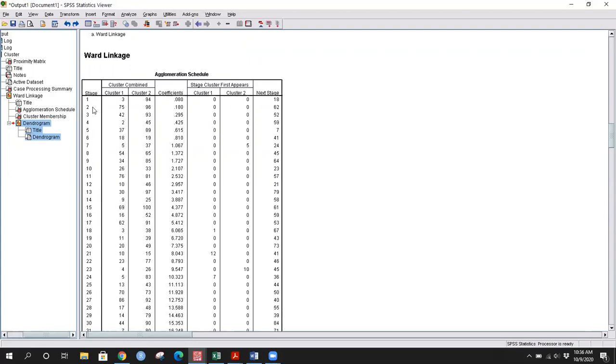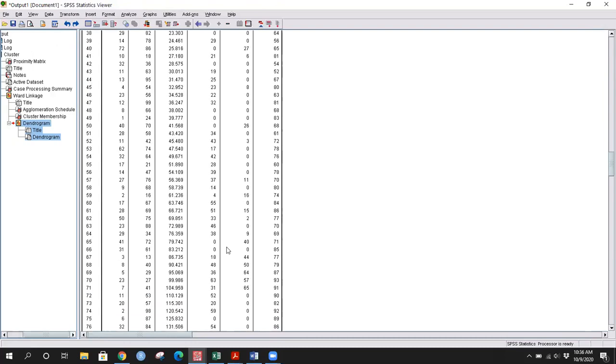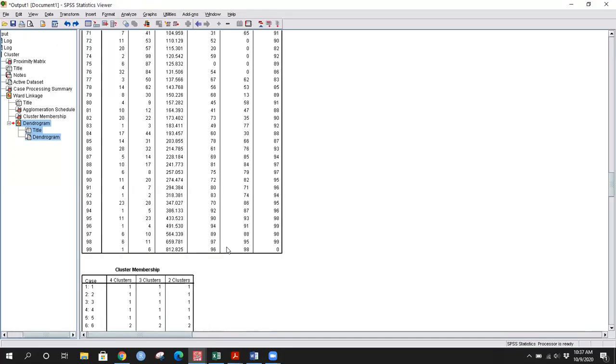That is, individually, each person or each case in our data set starts as a cluster, and towards the end, that is the last stage, everyone becomes a part of one big cluster. So if on stage 99, everyone in your data set became a part of one cluster, can you say that stage 99 can alternatively be looked at as a one cluster solution? You're absolutely right. We obviously can.